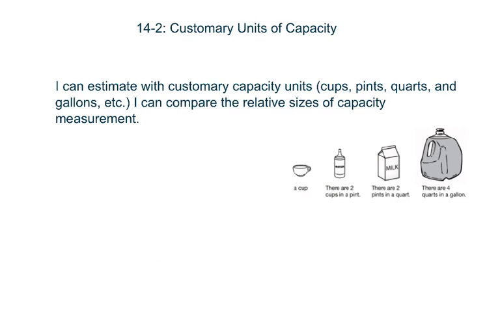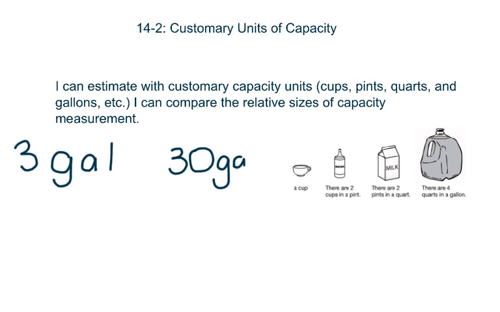Using this graphic, let's think of common everyday objects and about how much capacity they would have. First, let's think of a bathtub. If I had a bathtub, do you think it would be more likely to be 3 gallons or would it be more likely to be 30 gallons? Think of a bathtub.